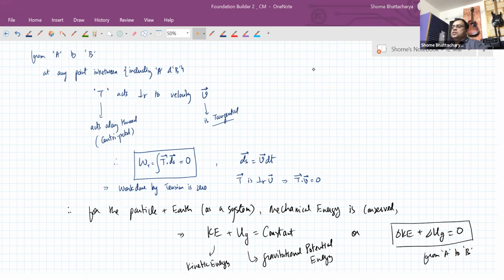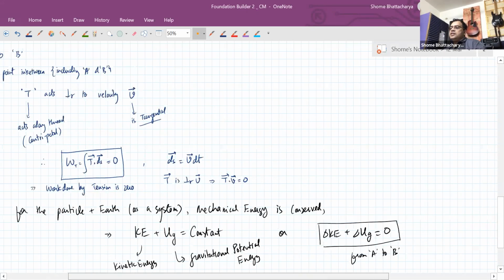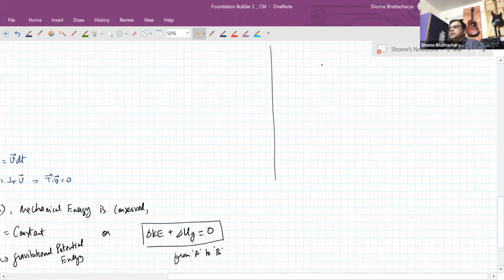Yeah, see, I'll just explain this concept once more, then we'll come back to this. You have studied the general expression for work done. Work done by a force, how do we define it? We define it as integration f dot ds. Right?